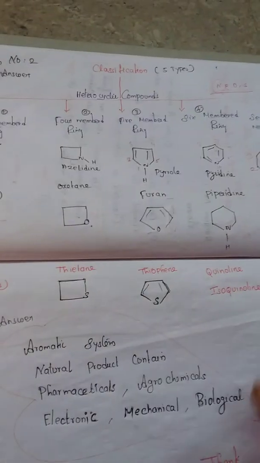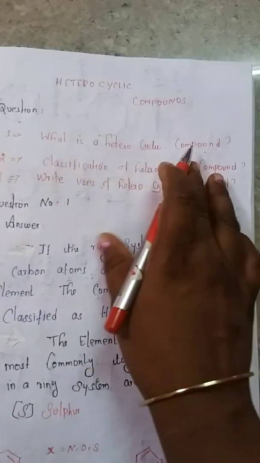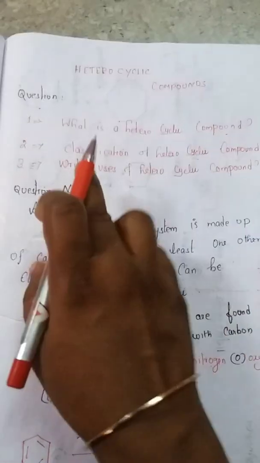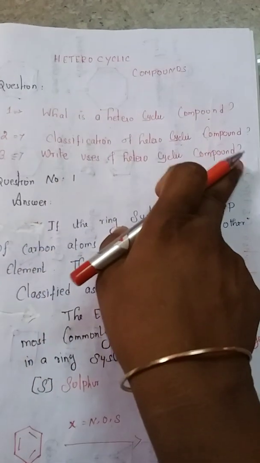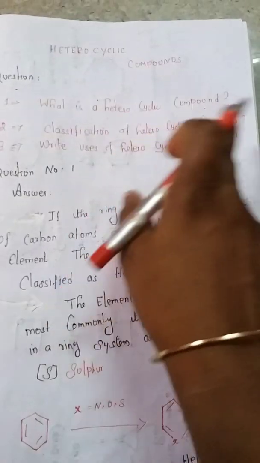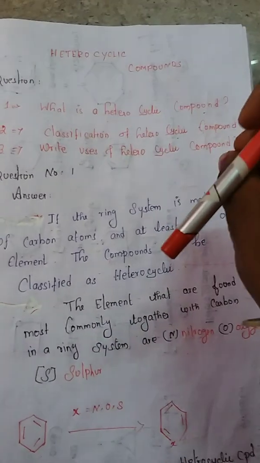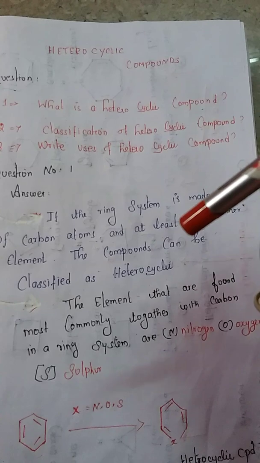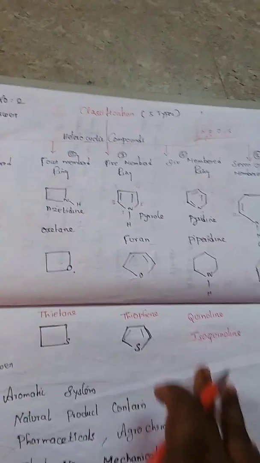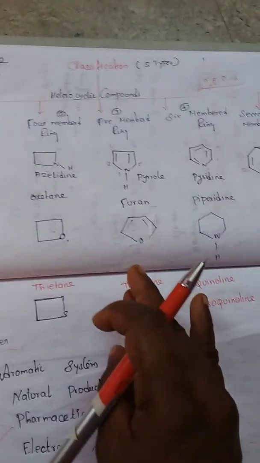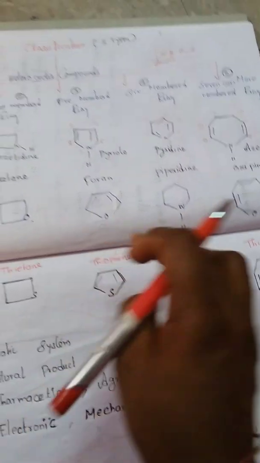Okay, today I discussed an overall review of the topic heterocyclic compounds. The questions were: what is a heterocyclic compound, the classification of heterocyclic compounds, and the uses of heterocyclic compounds. In a heterocyclic compound, a carbon atom in the ring is replaced by another element such as nitrogen, oxygen, or sulfur. The classification has five types: 3-member, 4-member, 5-member, 6-member, and 7 or more members.